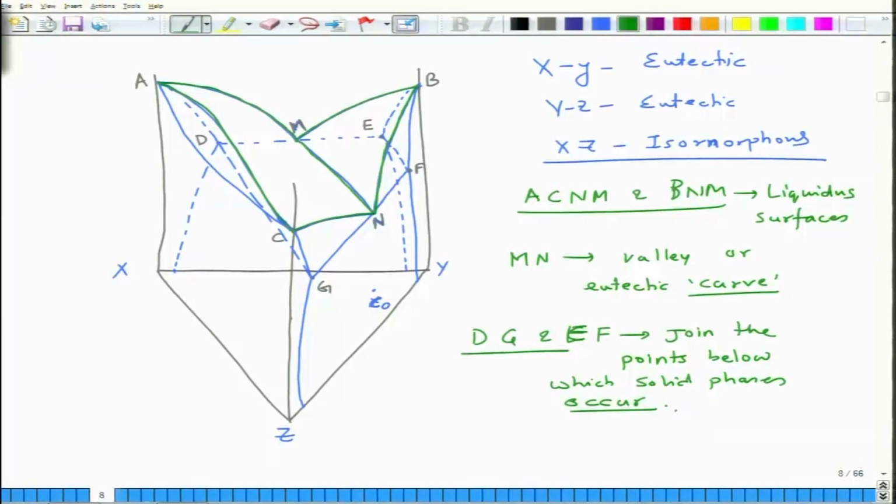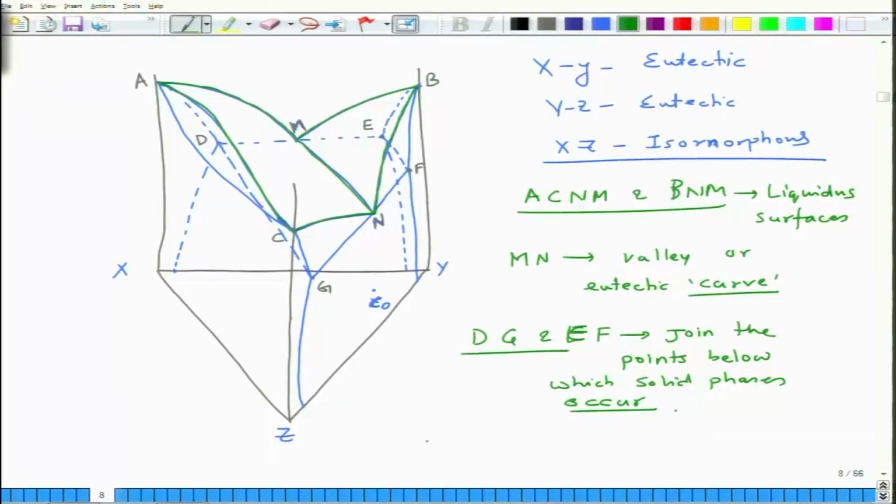So these are basically the compositions of alpha and beta phases that you might have in the eutectic reaction, DG and EF. So this, for example, would be alpha, and this would be beta.